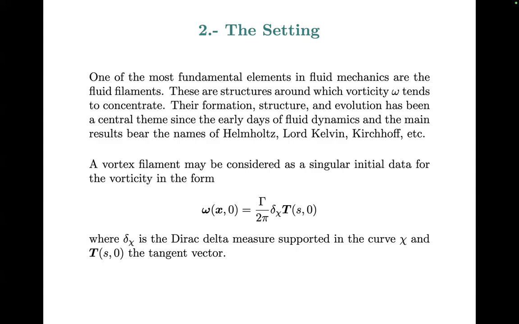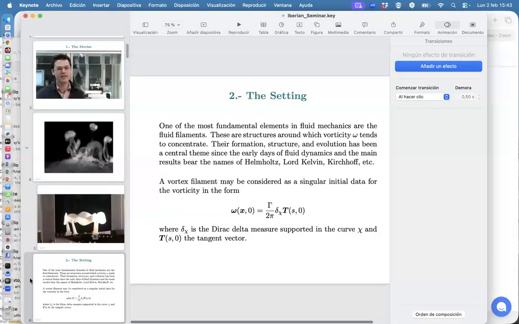So if you want to describe it mathematically, the way you do it is by... Okay, so I cannot... why? So anyway, I cannot use my pointer. I don't know why. Let me see. This is the problem when I am in full screen. But this is something related with your computer. Yeah, so I will not be able to change.